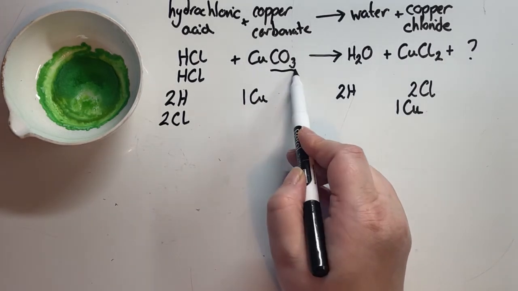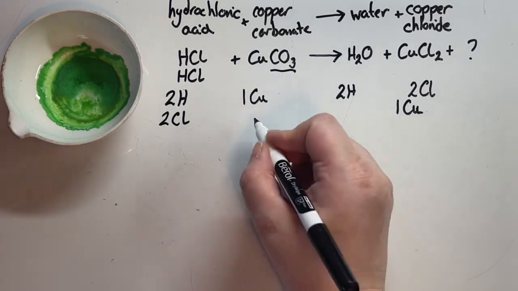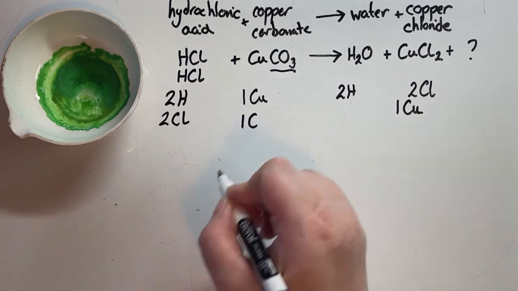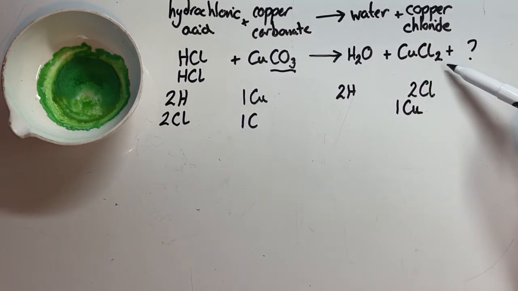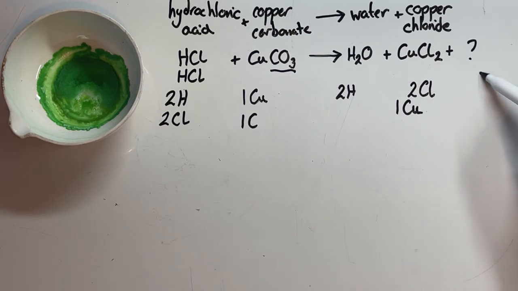Now looking at the carbonate section, we've got 1 carbon on the left-hand side of the equation, but so far it hasn't appeared on the right, which means in this gas we must have a carbon.